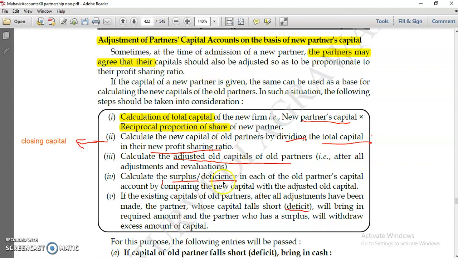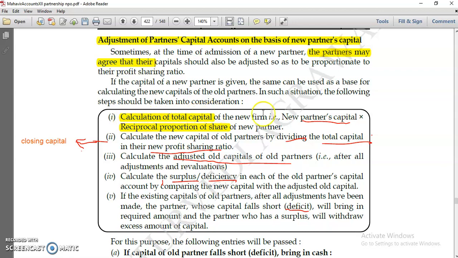Now there are some steps. First, once you are going to adjust the capital, you should know the total capital of the partnership firm. How do you calculate it?